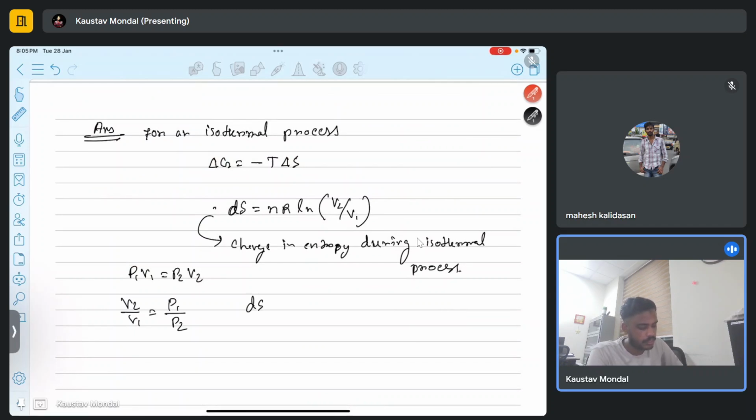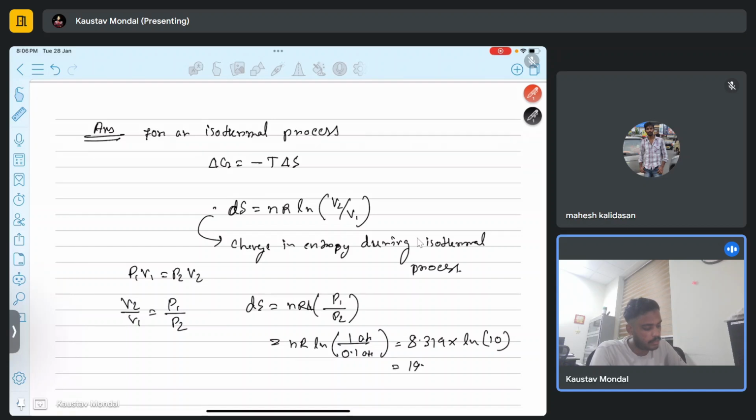So delta S is nR ln P1 by P2, where P1 is 1 atm and P2 is 0.1 atm. N is also 1 mole, so 8.314 into ln 10. That gives you 19.14 joule per Kelvin. This is the change in entropy.